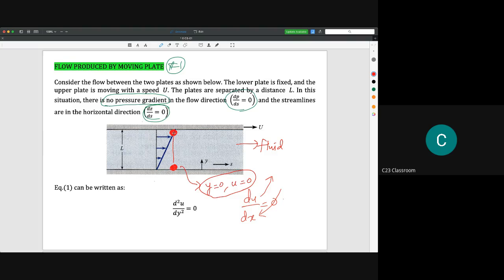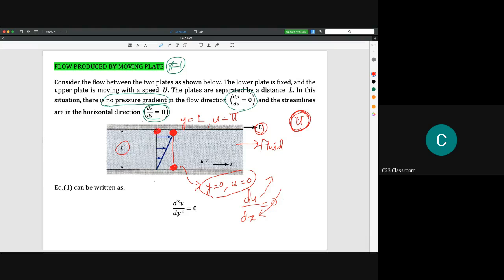And the boundary condition at this point is y, meaning the height here, equal to L. So this is L, and then u will equal capital U. In my handwriting, I will draw U with a bar like this to show the capital U, because it might not be easy to differentiate between small u and capital U. So this is the capital U. Why is the velocity of this molecule moving with capital U?